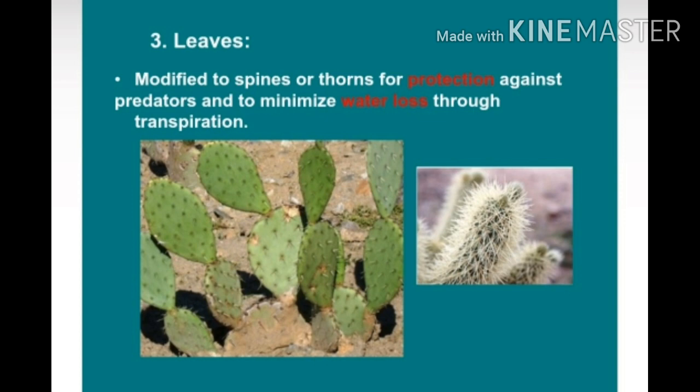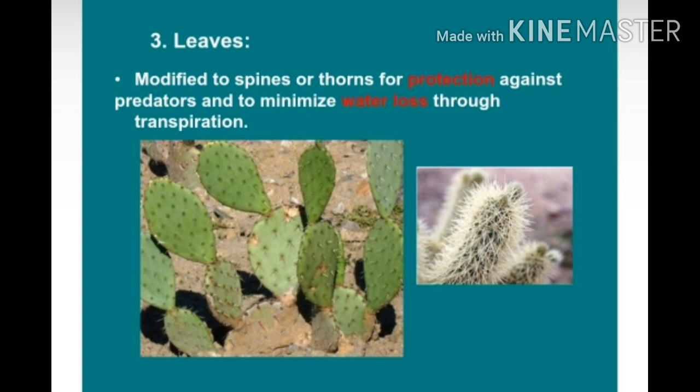Now the leaves. These also do their special function of photosynthesis. Besides this, some leaves are modified to spines or thorns for protection against predators and to minimize water loss through the transpiration process.